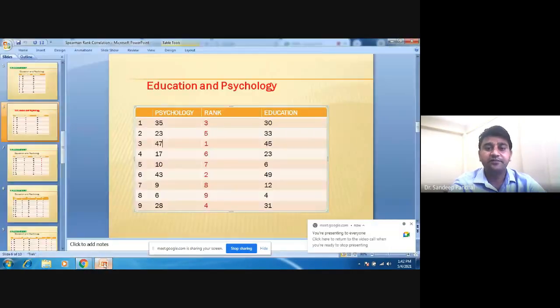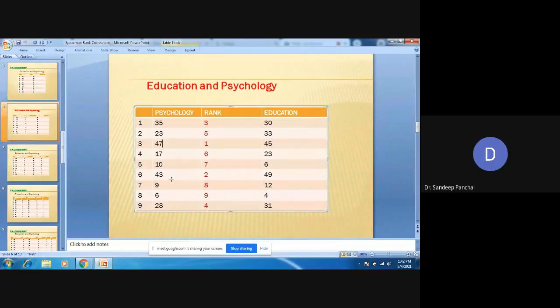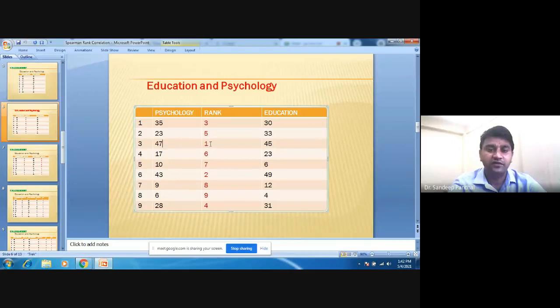In this way, you can assign ranks to the psychology scores. The highest score, 47, is rank 1, then rank 2 is 43, rank 3 is 35, rank 4 is 28, rank 5 is 23, rank 6 is 17, rank 7 is 10, rank 8 is 9, and rank 9 is 6.